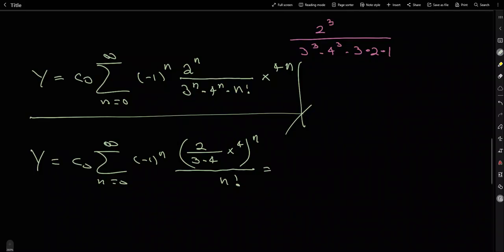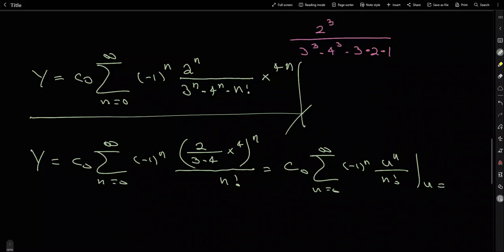All right? So, 2 divided by 4, that's a half. So 1/2 times 1/3, that's 1 over 6. So I will rewrite this as c sub 0 sigma n equals 0 to infinity of negative 1 to the n of u to the n over n factorial, where u equals the simplified form of this, which is, actually, I should have included the negative one as well.